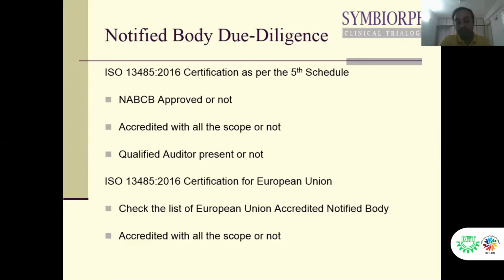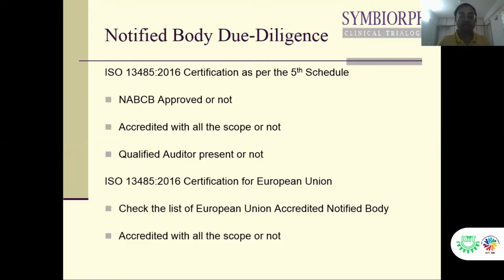Further to that, if you want to sell your product in India and also in other European countries and other highly regulated countries, what are the criteria to select the notified body? The first criterion is to check the list of the European Union.